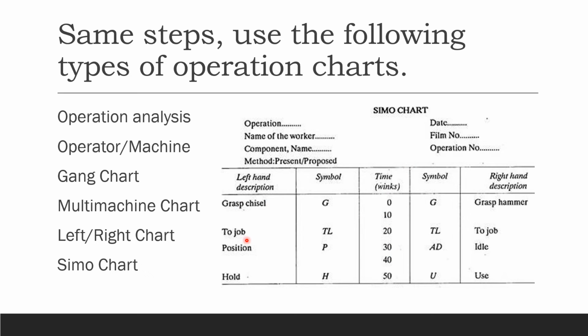So it grabs the cheeser, jaw position, and we use the SIMO chart to study the kind of tension and stress that the operator gets by doing this.